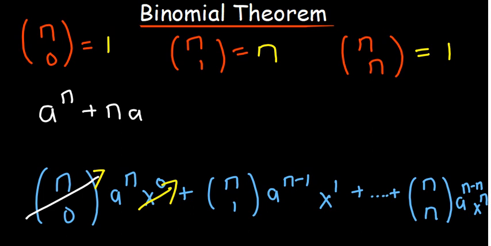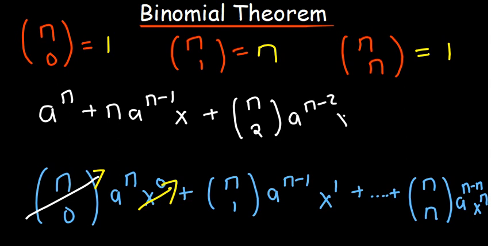And then you have a to the n minus 1 x to the power 1 plus. At this point, that's where it becomes necessary for you to begin choosing. N choose 2, a to the power n minus 2, x to the power 2, and so on and so forth. And then of course for the last one, that is equal to 1, so you end up with x to the power n as well. So that is the simplified form of the binomial theorem.